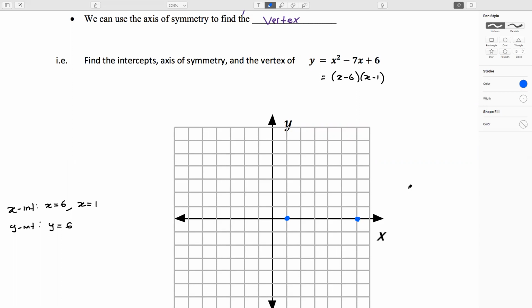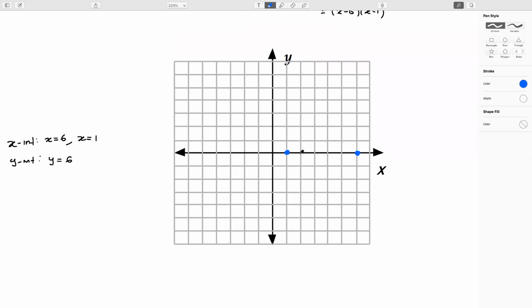Now for something like this, you might be able to count by hand, but for other equations, you might have a hard time finding the exact axis of symmetry. So if I go 1, 2, 3, 4, 5, there's 5 points separating them. If I go in 2 points and in 2 points, that gets me right here. Halfway between is half of 5, which is 2.5.